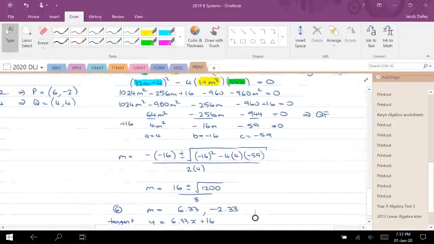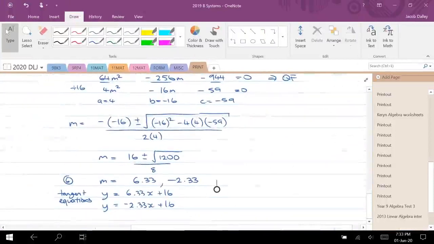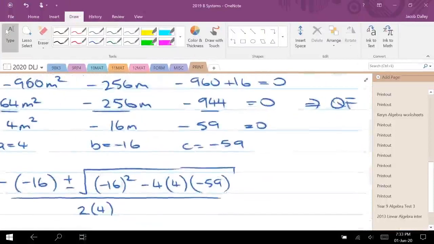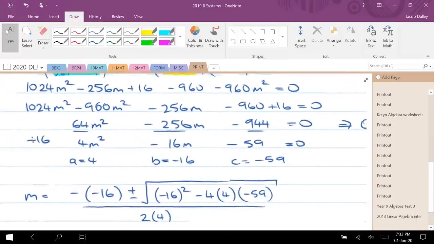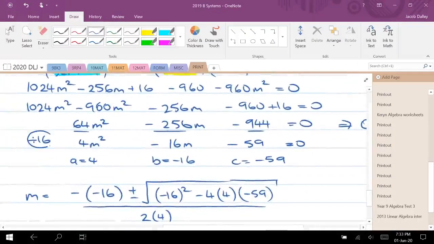So what I just wanted to reiterate is that you don't have to do this divide by 16 thing. You could take your A is equal to 64, your B is equal to negative 256, and your C is equal to negative 944.